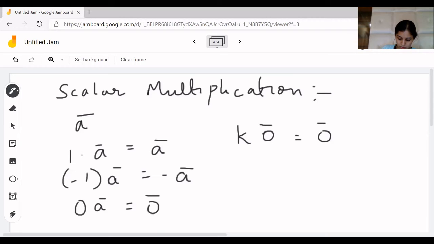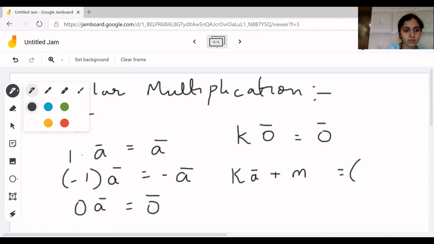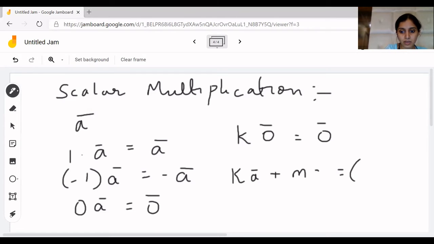Also, the associative and distributive properties of scalar multiplication. Let us see that. Let us say that we have two vectors a bar and b bar and two scalars m and k. Then k a bar plus m a bar can be written as k plus m into a bar.